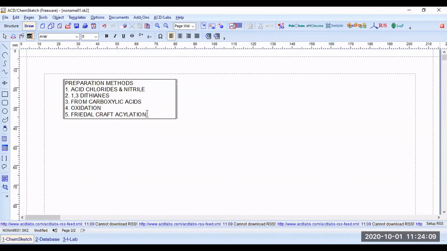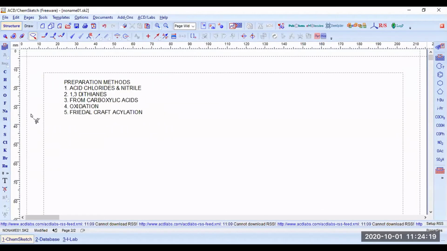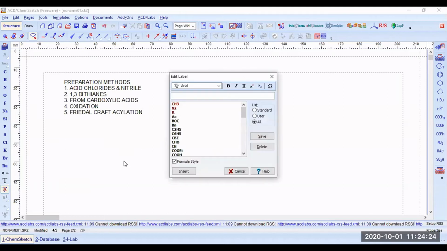How can we prepare aldehydes from these? Let us take directly the reaction of RCOCl, that is acid chlorides. If they are reacting with lithium reagents, we will get aldehydes.